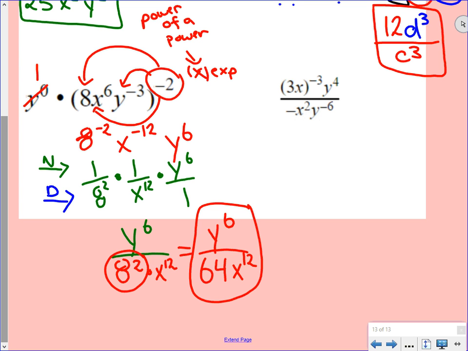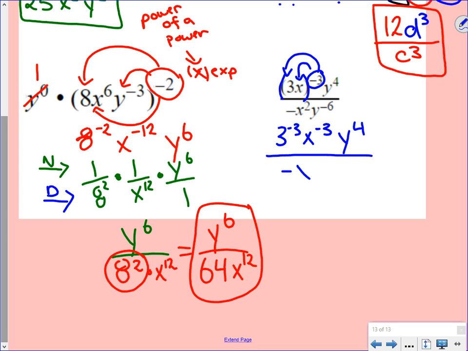Last equation. Start with your parentheses. We have 3 times x taken to the negative 3rd power. Distribute that power to both bases. We get 3 to the negative 3rd times x to the negative 3rd, y to the 4th, all over negative x to the 2nd power, y to the negative 6th power.